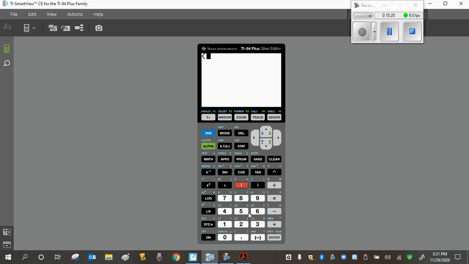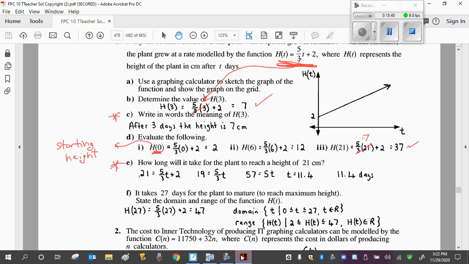You can go bracket 5 divided by 3 times 21 plus 2. And you get 37 that way.